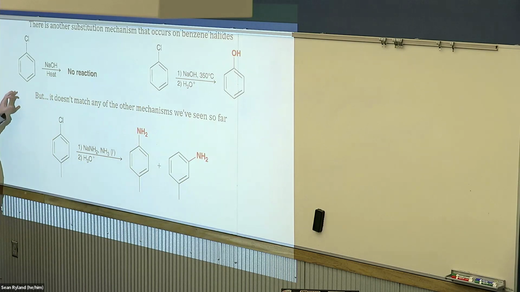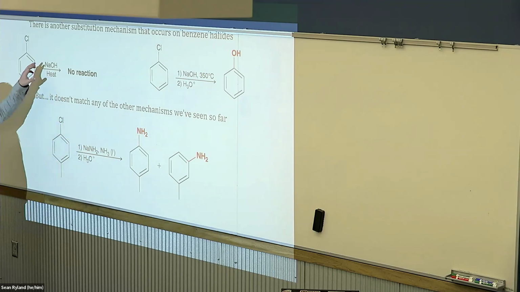If we heat it hard enough with a strong enough base, we can get this to happen without an electron withdrawing group. And we know that this is going to be weird, because when we do this on a substituted benzene, like toluene, we use another strong base. Technically, you do this with any strong base.